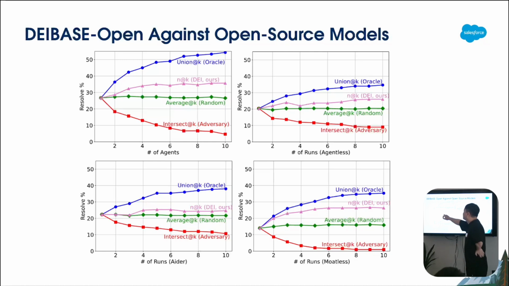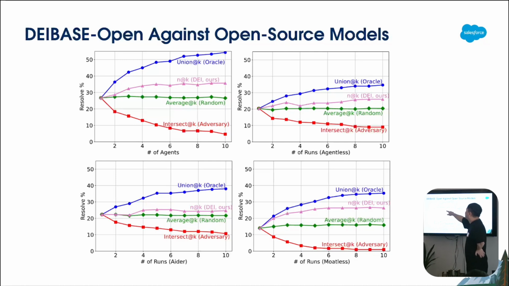You basically see that if you have more agents, then this oracle performance will be higher, but eventually it'll hit a bottleneck. And this is our performance. You see, it's not perfect, but in the initial period, it's still improving.